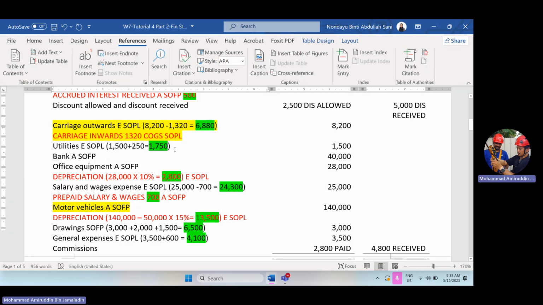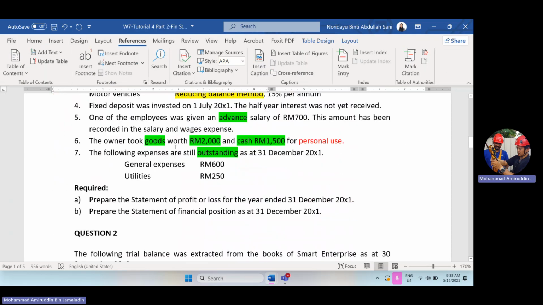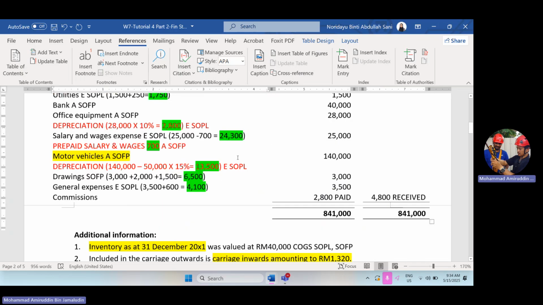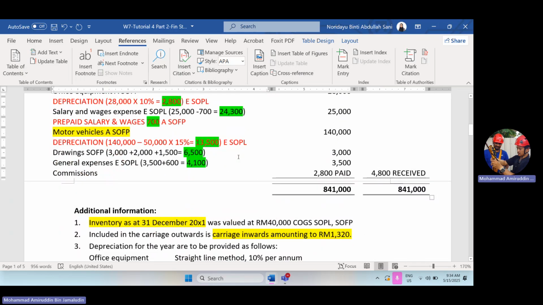Okay, done with the adjustment. Now, final step, we transfer all the details into SOPL and SOFP respectively. Some of you like, okay, straight away you read the question, after that you prepare the SOPL, and then you go one by one.